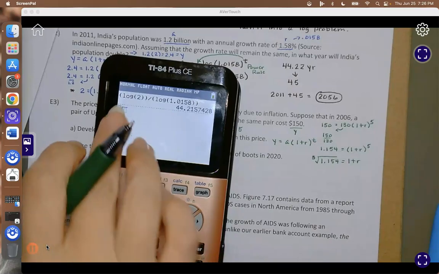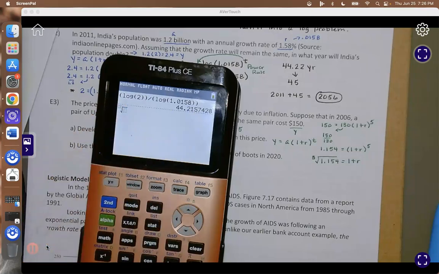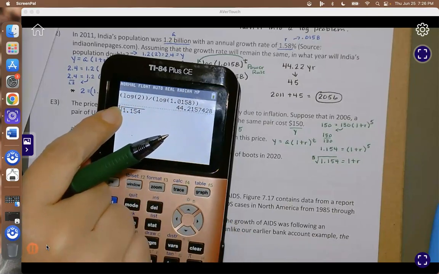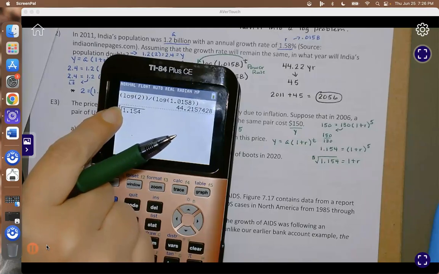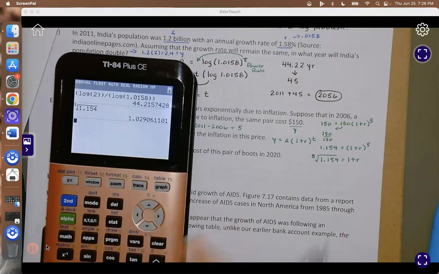Now, if you have an old calculator, you're going to have to hit 5 before you go to math option 5 to tell it what root you're taking. But we have the blinky box in the new calculator. So 1.154. Again, if you don't have a newer calculator that has blinky boxes, you'll hit 5, then math option 5. Okay? I think it was option 5. Yeah, option 5.